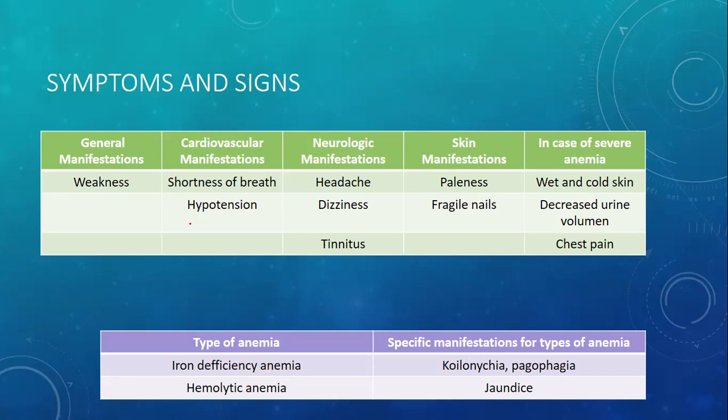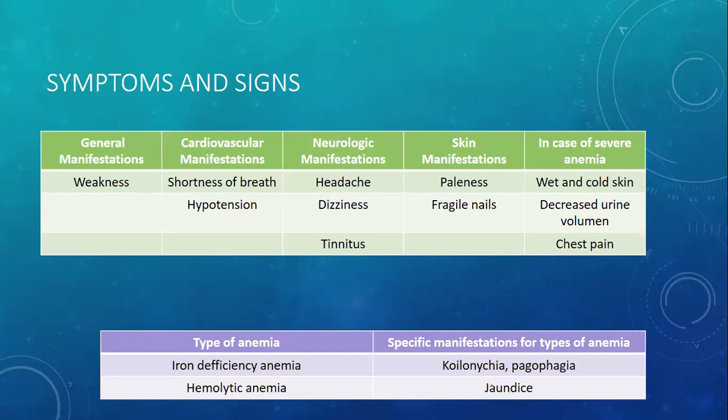Besides all of these general manifestations of anemia, okay? And about this one, hemolytic anemia, we also talked about this term yesterday. I think it was Valeria, right? What is jaundice? That you have yellow skin. Yes, great.